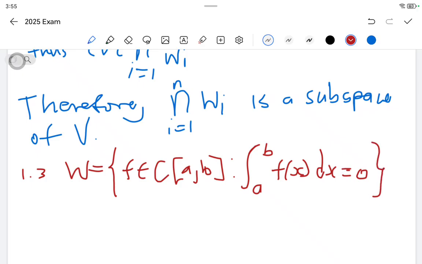Yeah, so now we're told to check if this is a subspace of V or not, right?